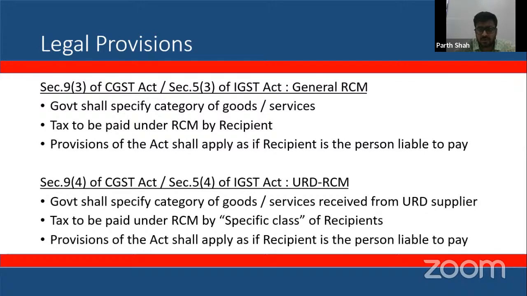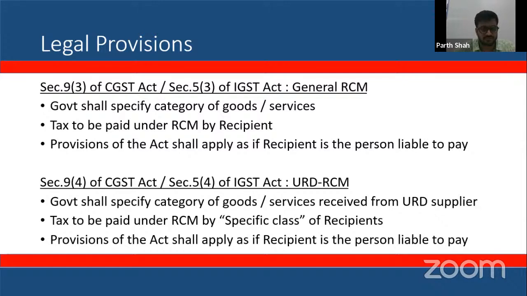And more importantly, the charging provision also says that the remaining provisions of the act will apply as if the person who is liable to pay tax, that is the recipient, is the supplier.